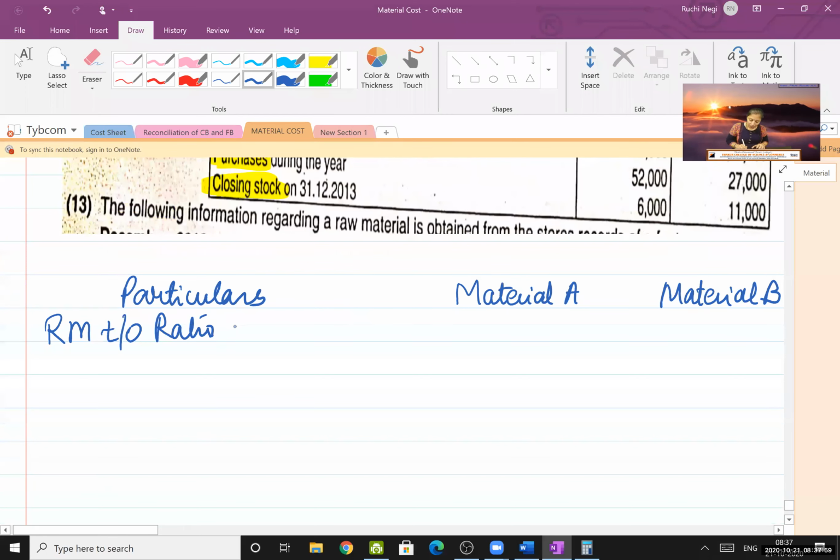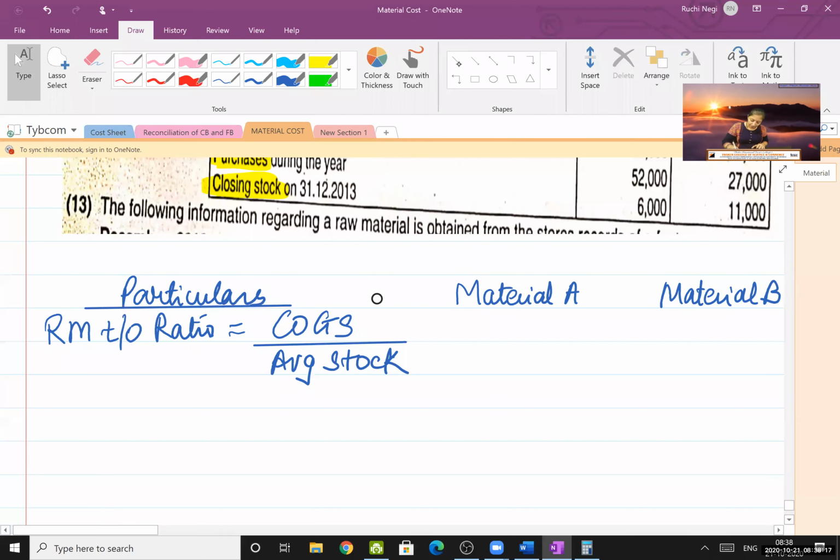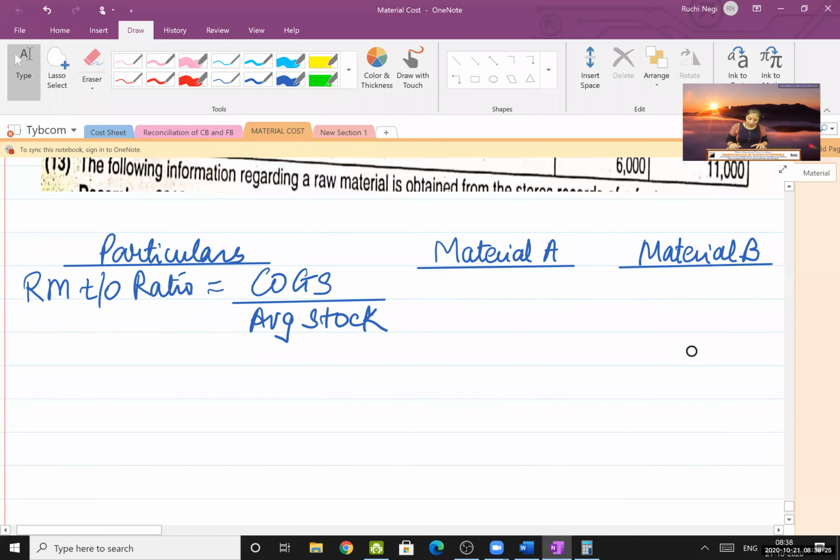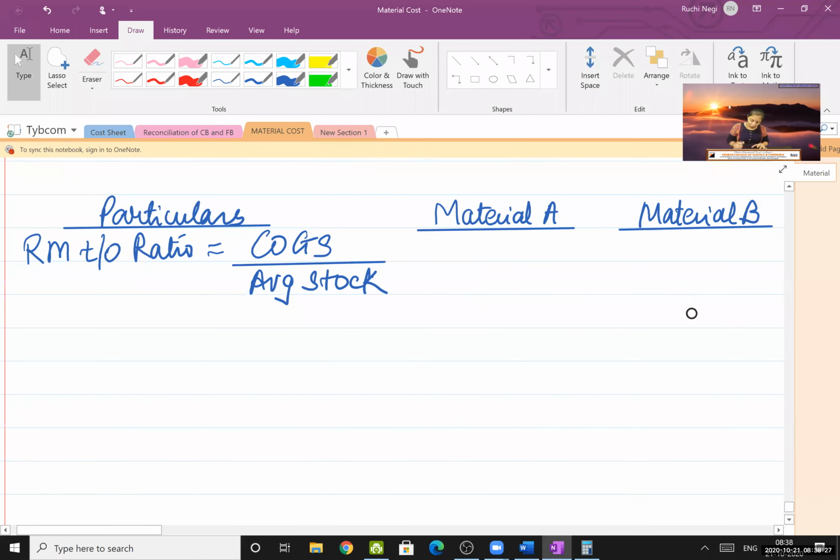So write down the formula: COGS upon average stock, like this. Okay, leave 2-3 lines, leave space because we have to solve it.